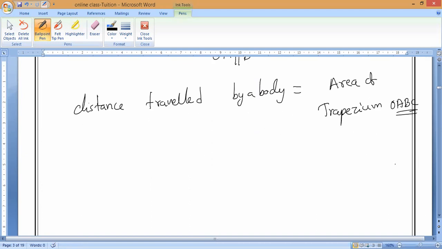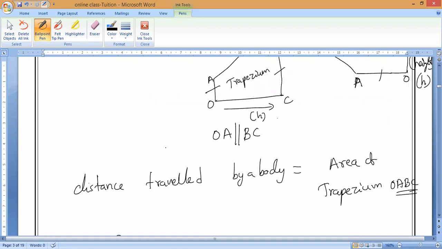Note down the area of a trapezium formula: the sum of the parallel sides into the height of the trapezium divided by 2. Please note it down. Sum of parallel sides into height divided by 2.